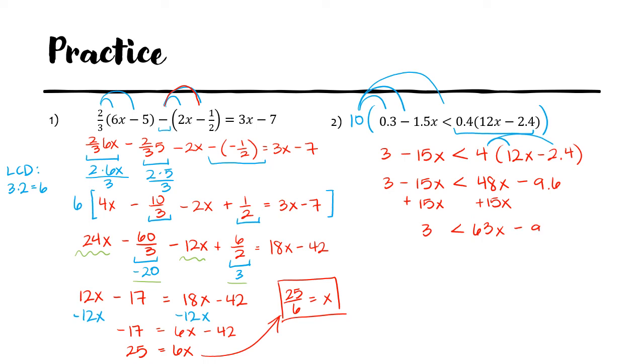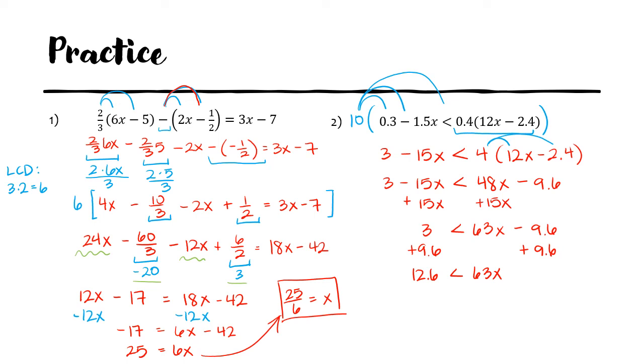And we're still subtracting 9.6. Okay, and I guess we need to add 9.6 to both sides so that we get x on just one side. And let's see, we get 12.6 is now less than 63x.